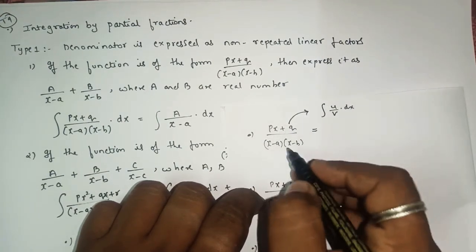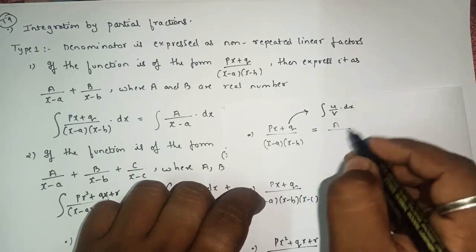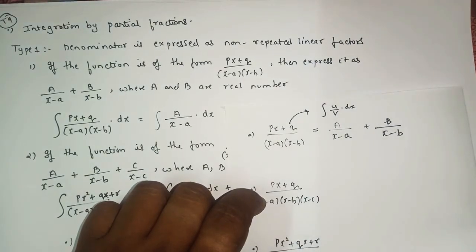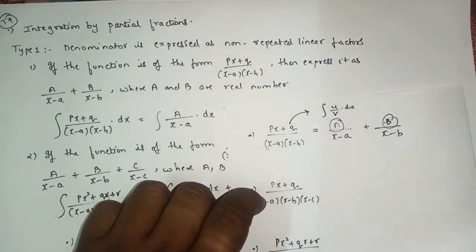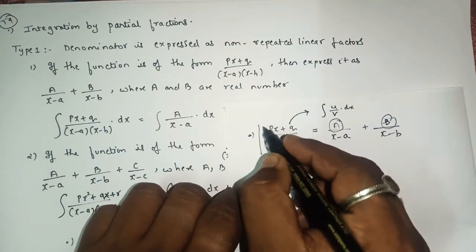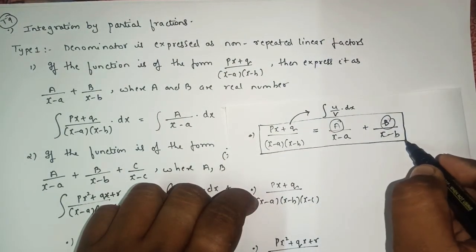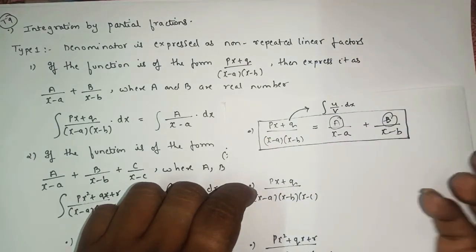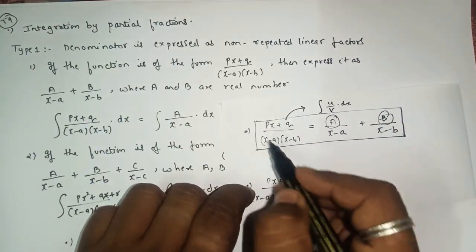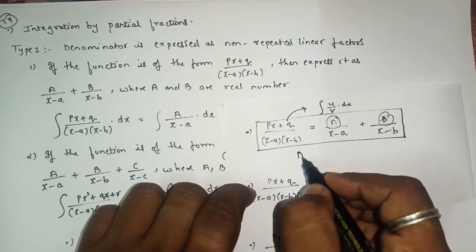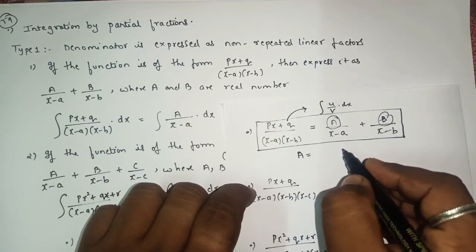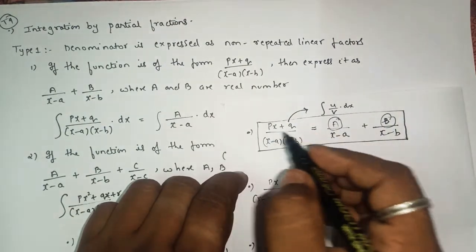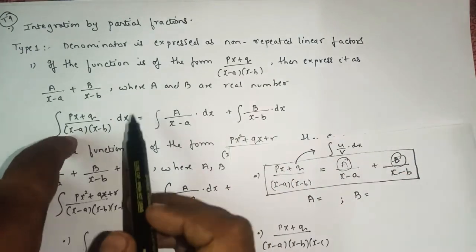Then it can be expressed as A upon x minus a plus B upon x minus b, where A and B are real numbers. You solve this with basic algebraic calculation by cross multiplying, and you will get the values of A and B. After getting them, you substitute the values here and then integrate, taking integration on both sides.